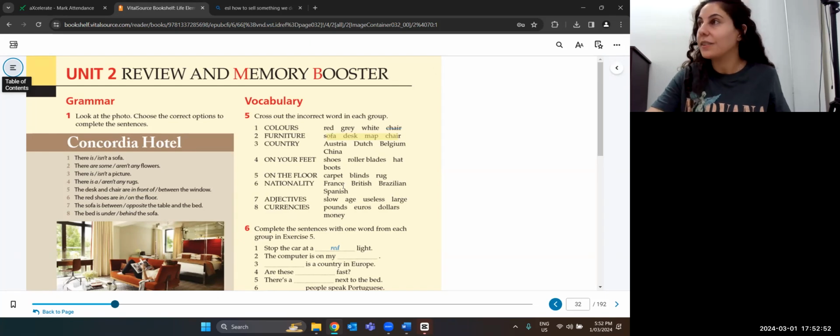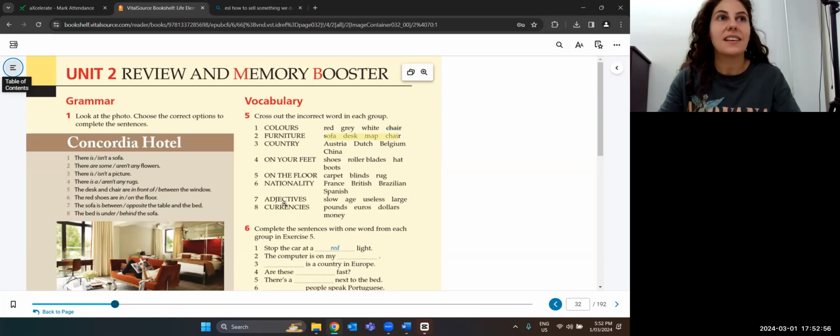France, that's a country. Adjectives, remember adjectives show us the color of something. It gives us information about how it looks, if it's old or new, if it's beautiful or worn out, if it's good or bad, or if it's small or big.